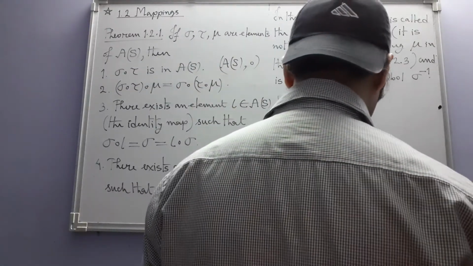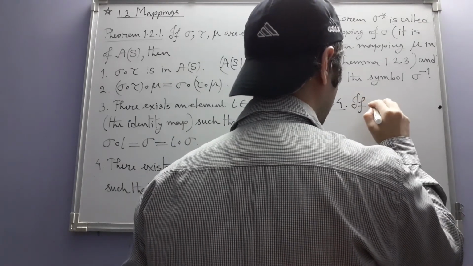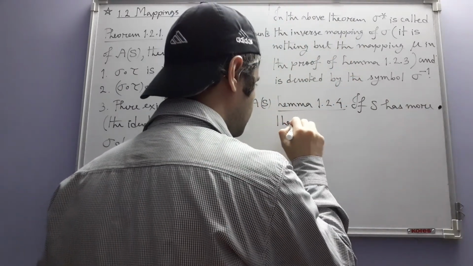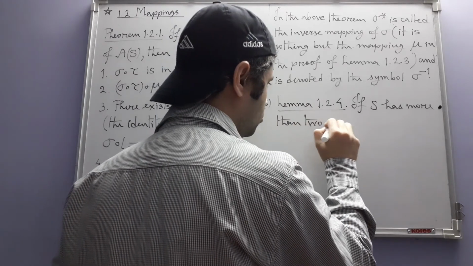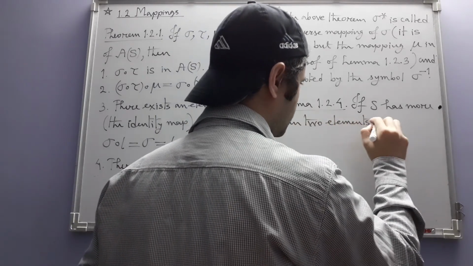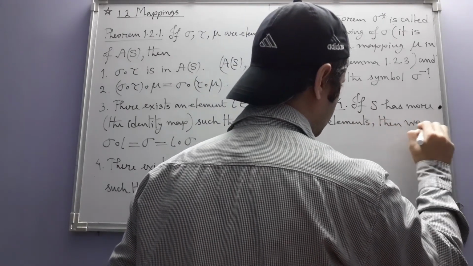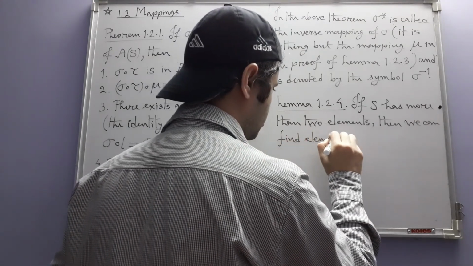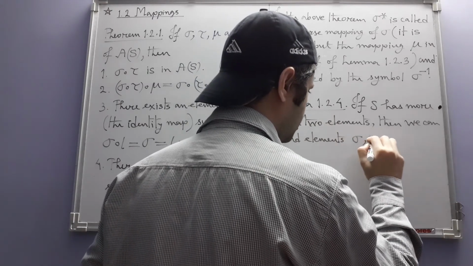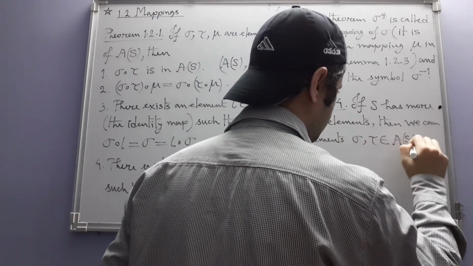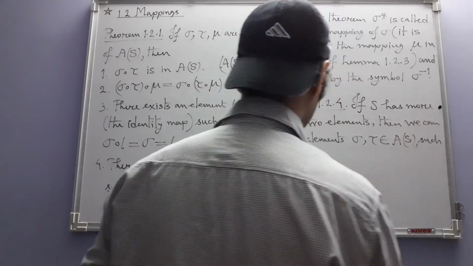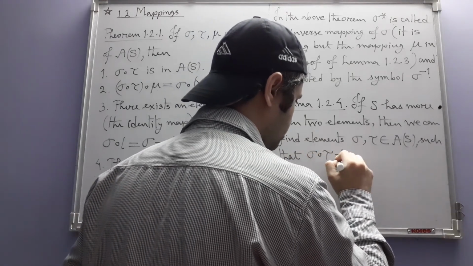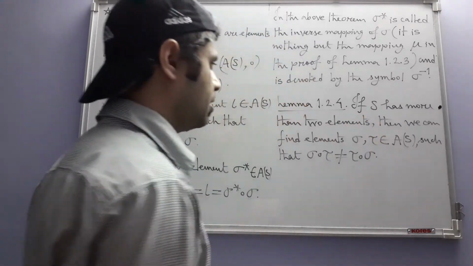And the precise statement is this: if S is a set has more than two elements, then we can find elements sigma and tau in A of S such that sigma composition tau is not equal to tau composition sigma.